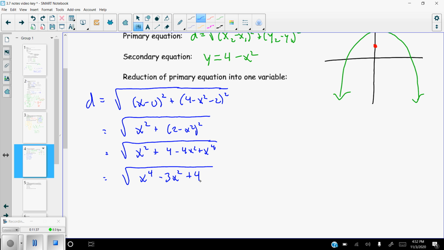So here's the really cool thing. I don't have to use the entire square root because minimizing or maximizing the distance is the same thing as minimizing or maximizing the function that's under the square root. So really all I have to do is minimize or maximize that particular function. And that's because it's all relative.